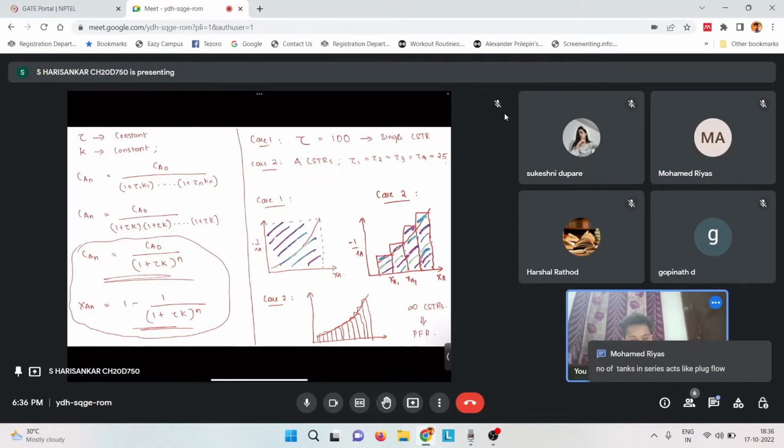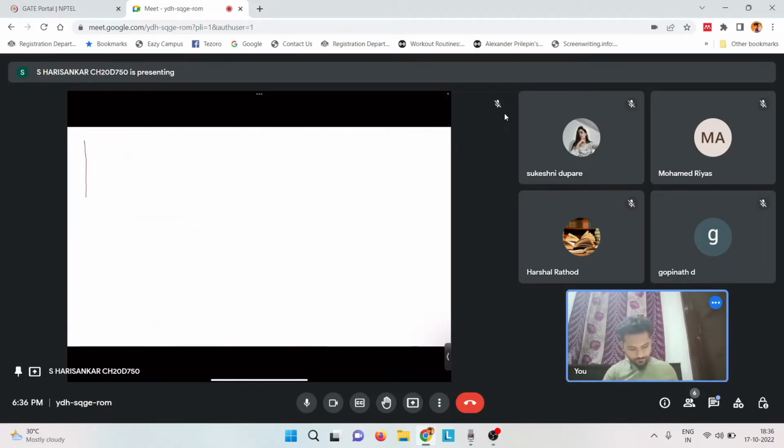I'll show you. I'll take a new page and write it. So what did we learn in PFR? In PFR, the volume of the reactor is basically the area under this curve, right? This is the volume of PFR. And now for infinite CSTRs in series, it is equivalent to this, right?